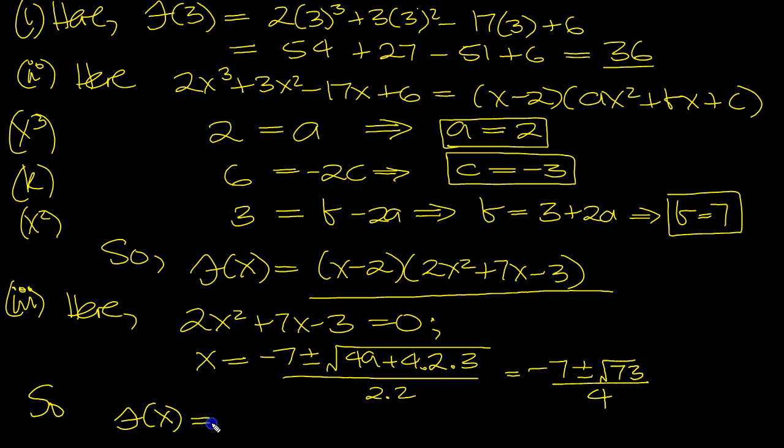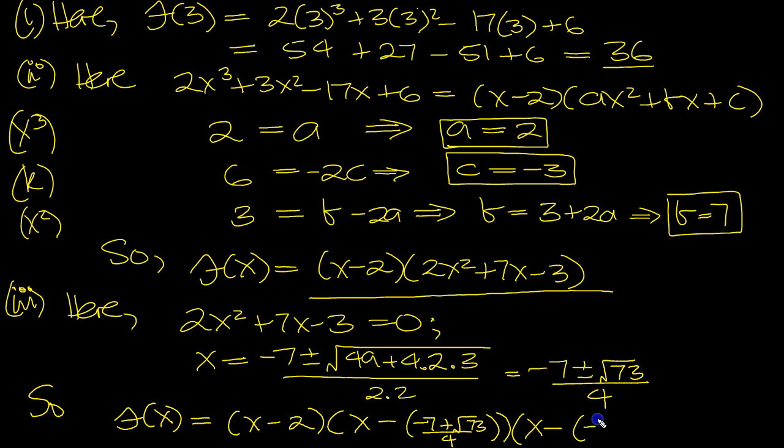So f of x is equal to x minus 2, x minus the next root. The first one will be minus 7 plus root 73 all over 4. And then the next one will be x minus minus 7 minus root 73 all over 4.